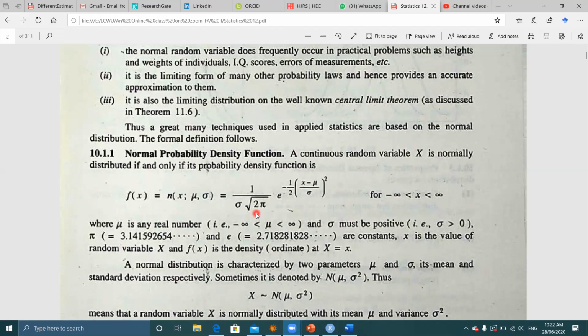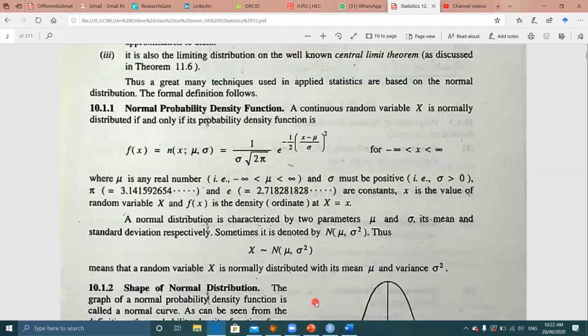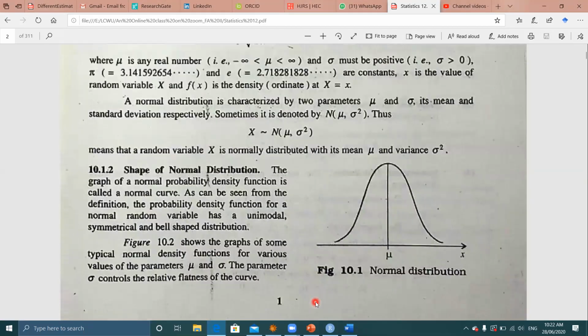So this is a density function along with the range of x, where x follows normal distribution with mean mu and variance sigma square. Next is the shape of the distribution. This is bell-shaped distribution. We have seen this shape properly.